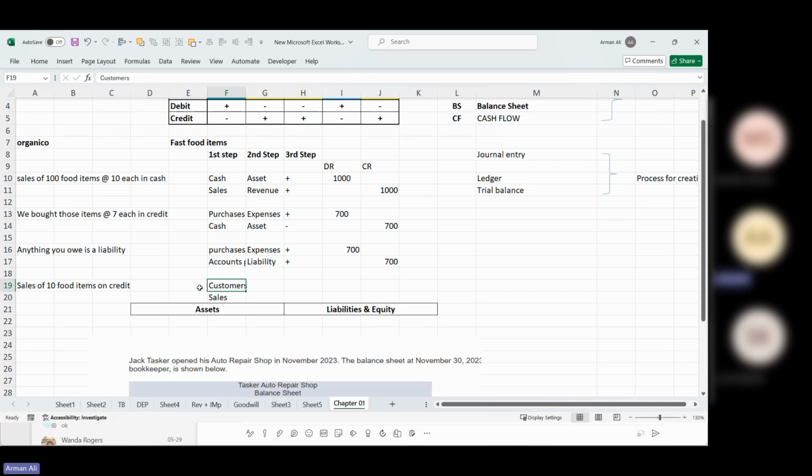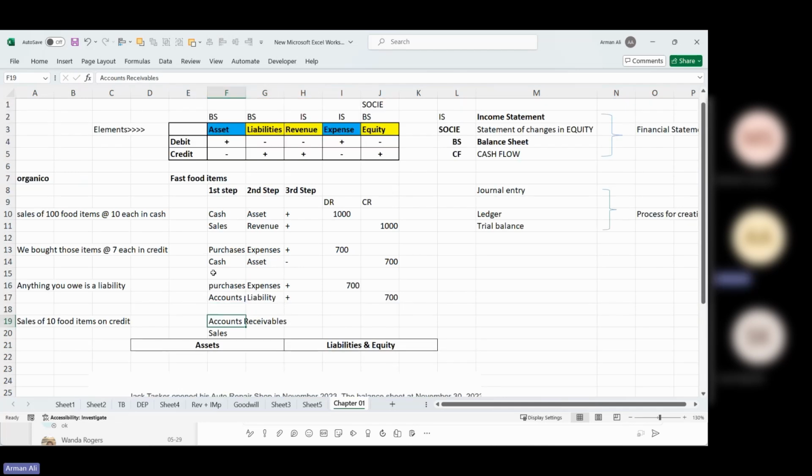So we can club them and we can say that these are the accounts that are still receivable, which means we have to receive money from them. And to any group of people, individuals from which we have to receive money, the accounting term for that is accounts receivable. So I'm not going to call them customers. I'm going to say these are my accounts receivables.